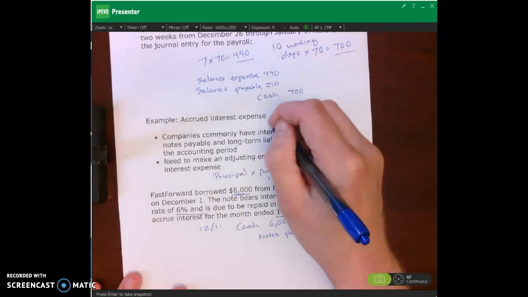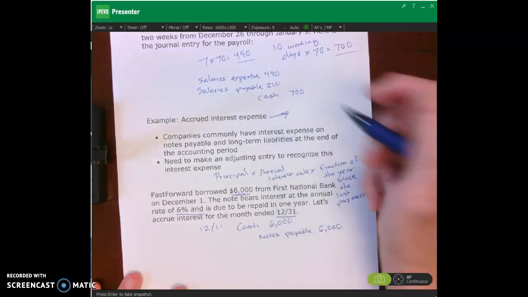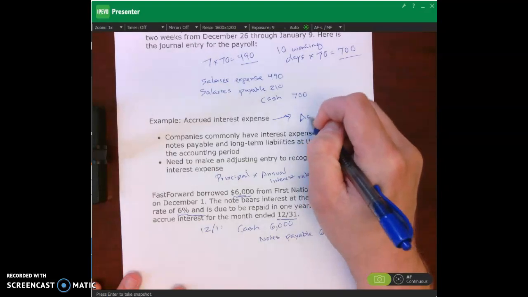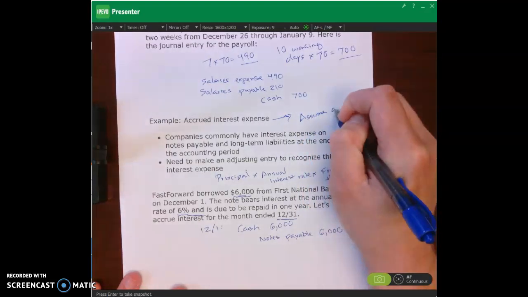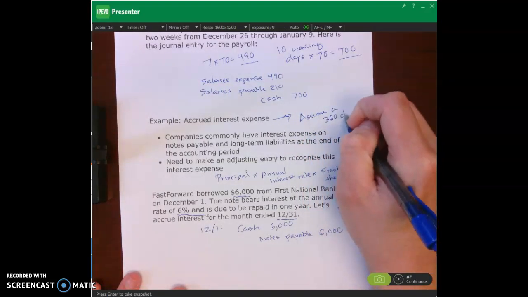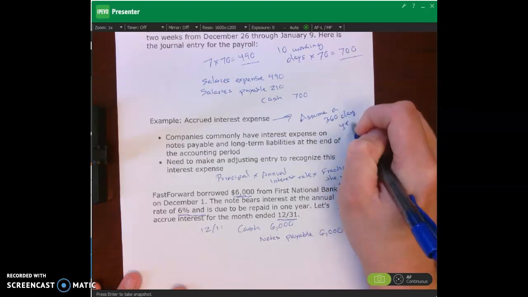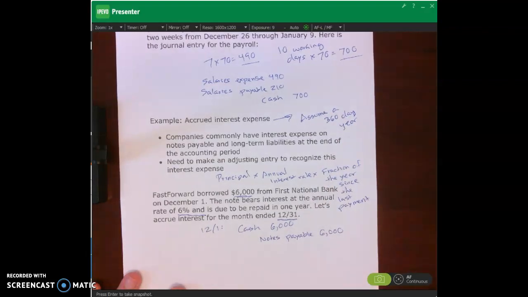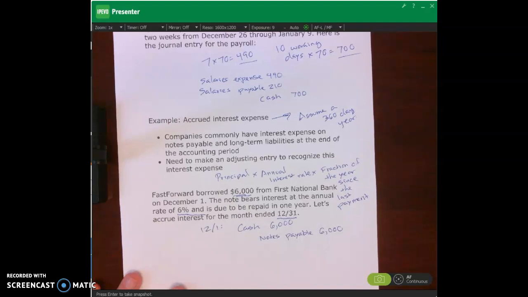And then when we do interest calculations, just for this class, just to make calculations easier, we assume a 360-day year. And we do that just to simplify the calculations.